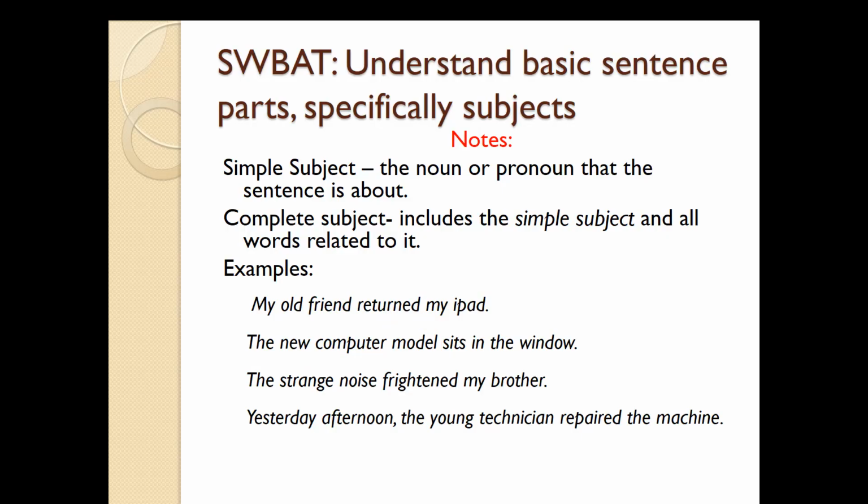In the third sentence, the sample reads, "The strange noise frightened my brother." Who or what is this sentence about? What is frightening my brother? The answer is noise. Noise is the simple subject of the sentence.